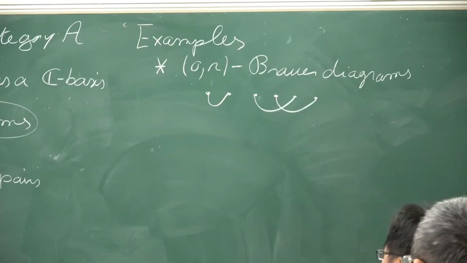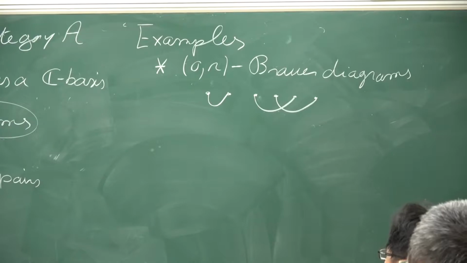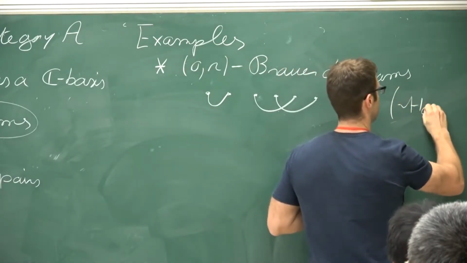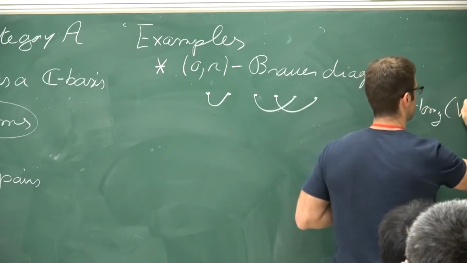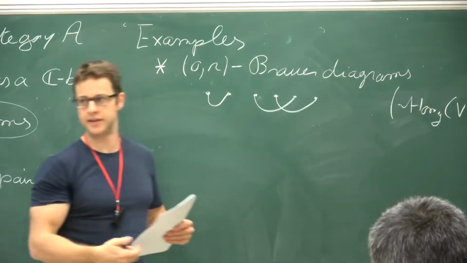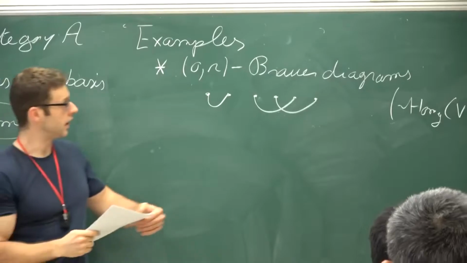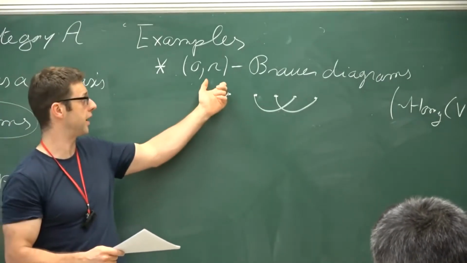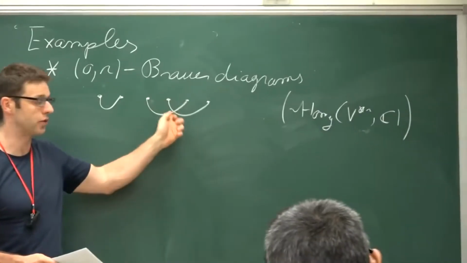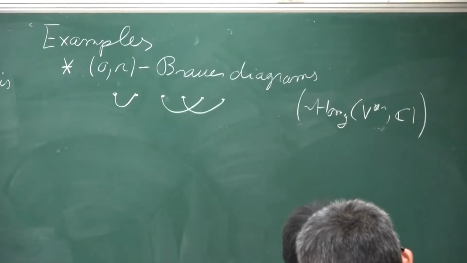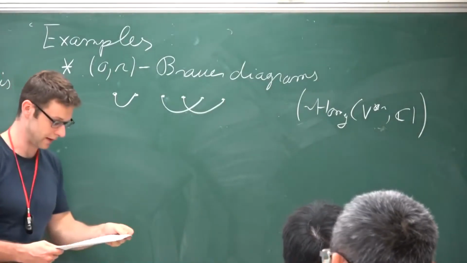So morphisms like this should correspond to homomorphisms from V to the power r to C. Here we can already see how that works. This corresponds precisely to the functions I wrote down. I just pair up arbitrary elements of the tensor power together using the bilinear form.